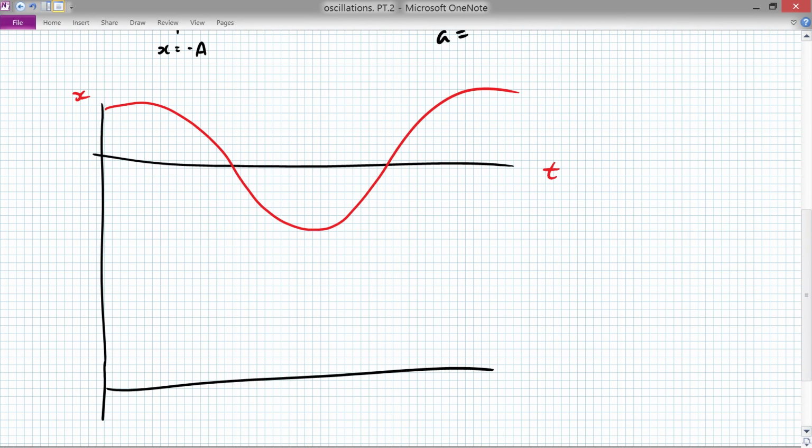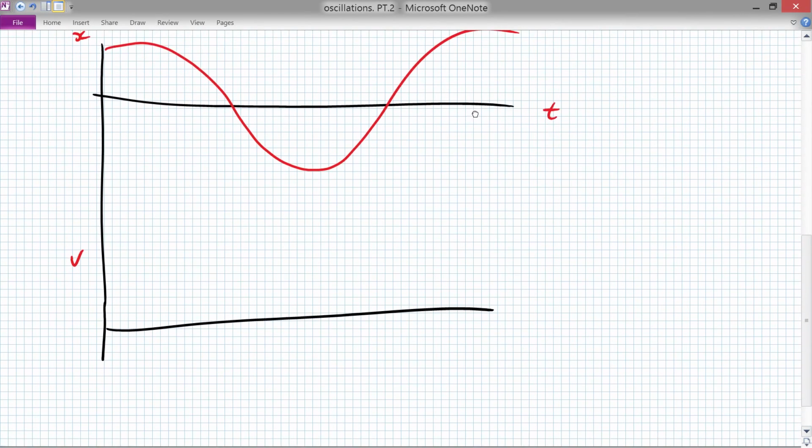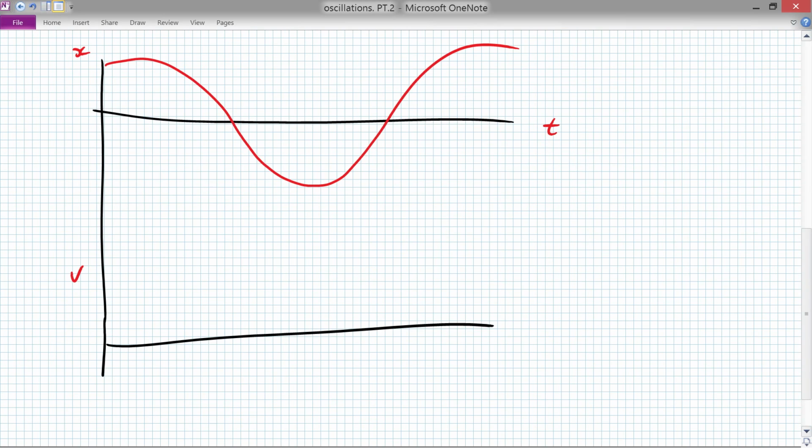v against t, as we said in the last video, is actually the gradient of this graph. So down here, v against t is going to be, well, let's think about this. It's the gradient. This gradient is decreasing here. So it is going to be a sine, but it's going to be an inverted sine, so it will look like that.